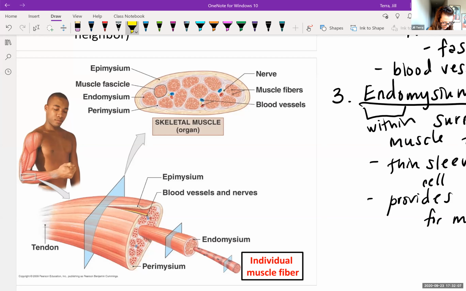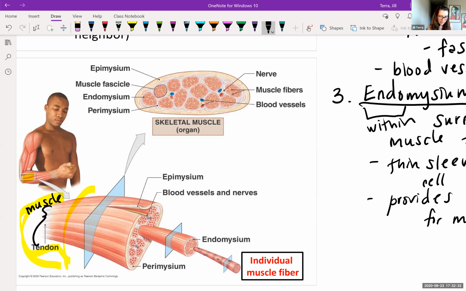So this entire piece here is the muscle itself. And we can see at the end of it is a tendon tissue, that dense regular connective tissue, that is attaching it to a bone there.